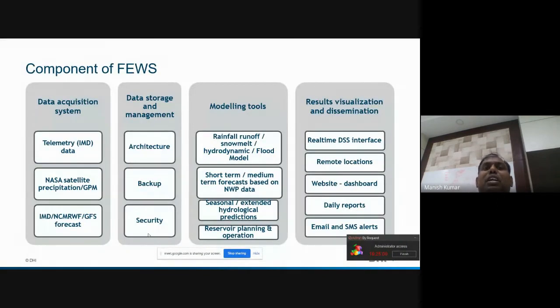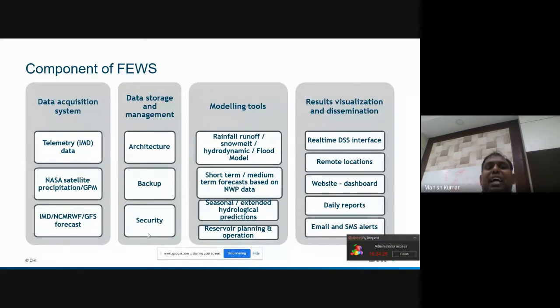So if I talk about any early warning system, basically you can divide that into 4 components. You have the data acquisition system. You need to have real-time data from the field to your FEWS system. It can be ground station, or it could be satellite-based information.